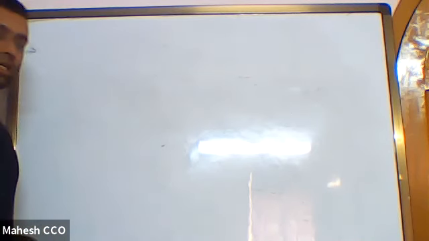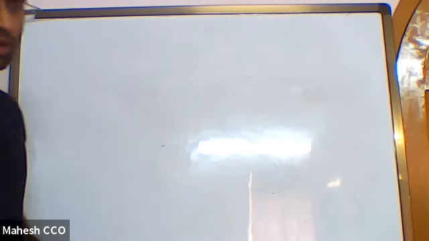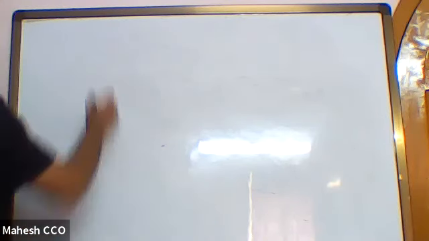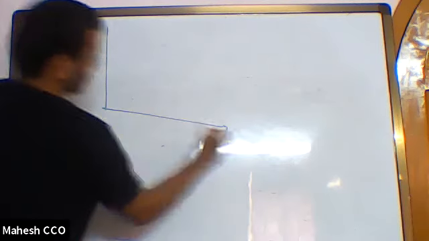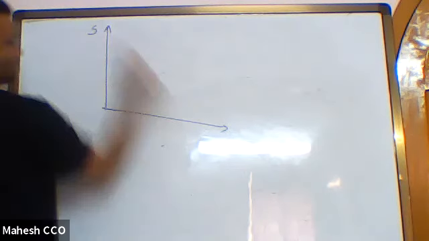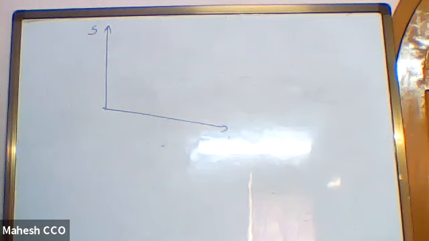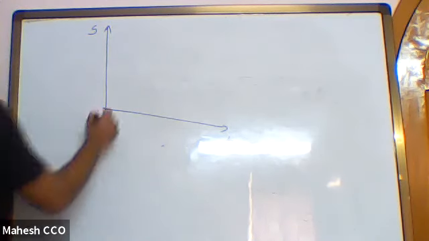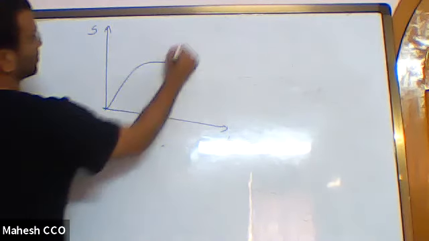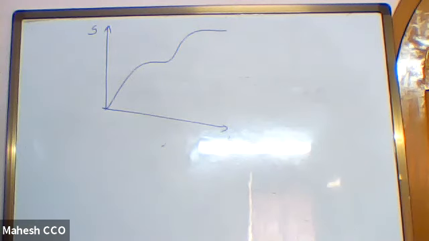Next thing is, like distance versus time graph or speed versus time graph, they are given. Distance versus time, it can be this way, there is nothing wrong in it.